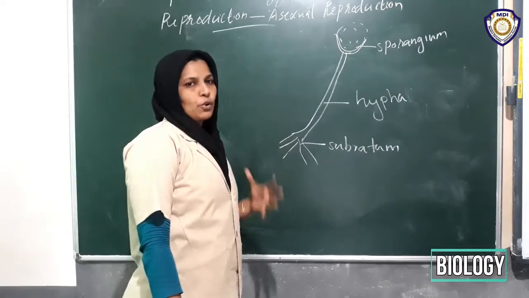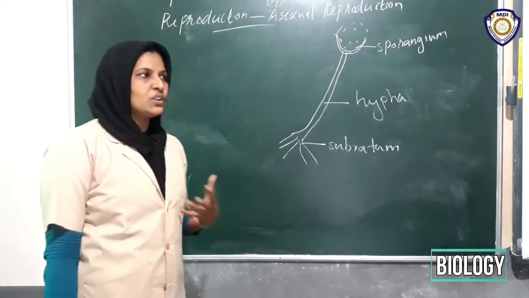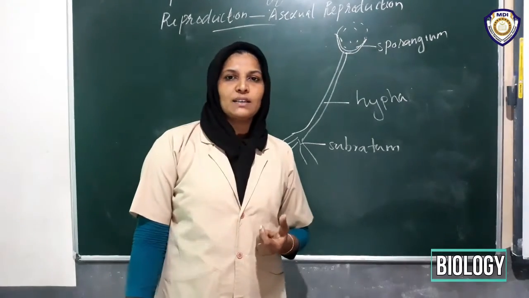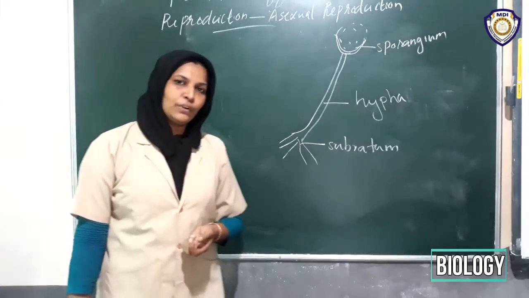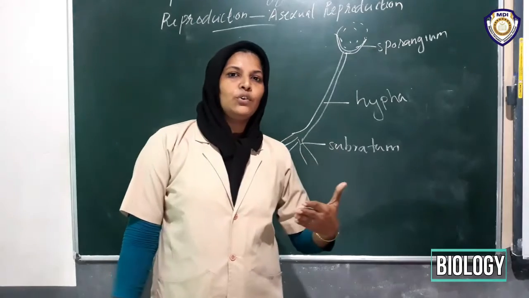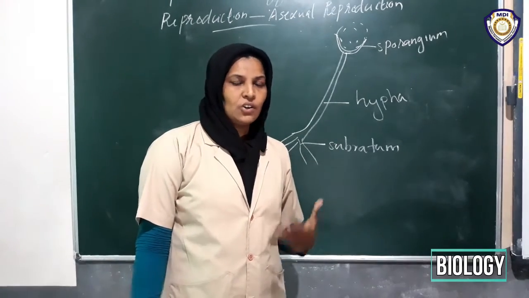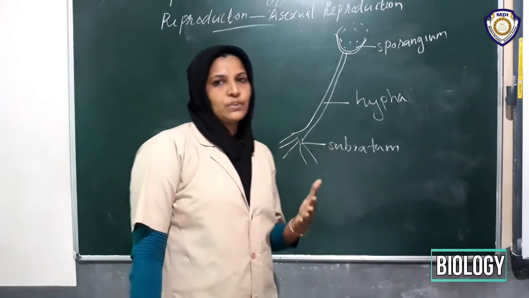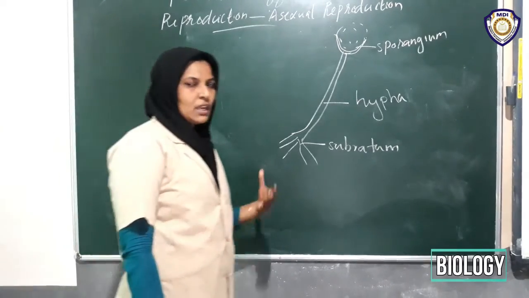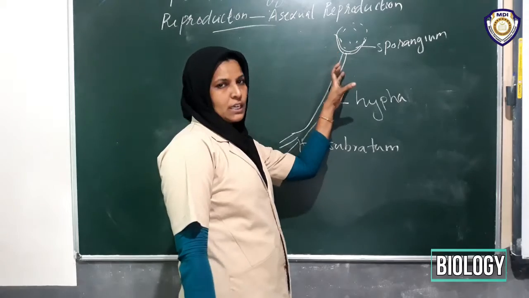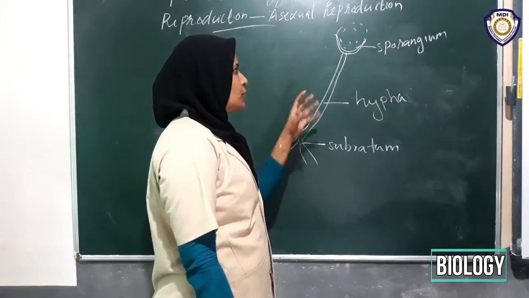In all the processes of asexual reproduction we have studied, karyokinesis takes place first. What is karyokinesis? That is the division of the nucleus. Then it is followed by cytokinesis. You have studied well. All these processes take place here also in spore formation. A number of spores are produced.